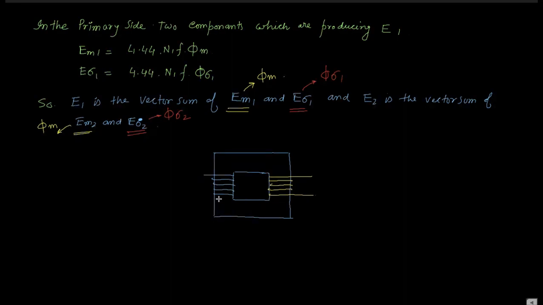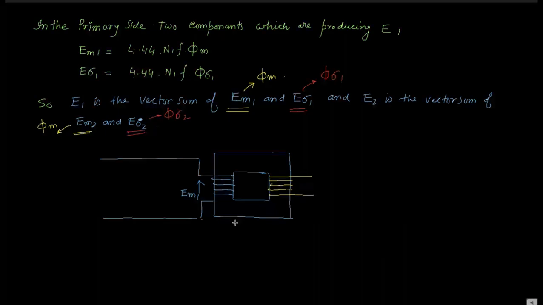So here, if you consider the circuit, EM1 is produced in the primary winding.